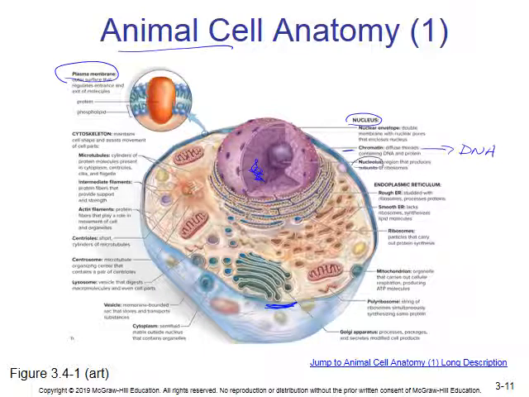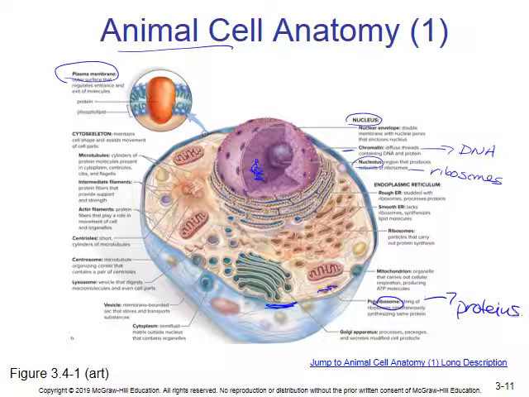A nucleolus, this is what produces ribosomes. So you have to have a nucleolus to make the ribosomes, which ribosomes are going to do what? They're going to help you make proteins. The orange little jelly beans, these are the mitochondria. Let's see, centrioles here.